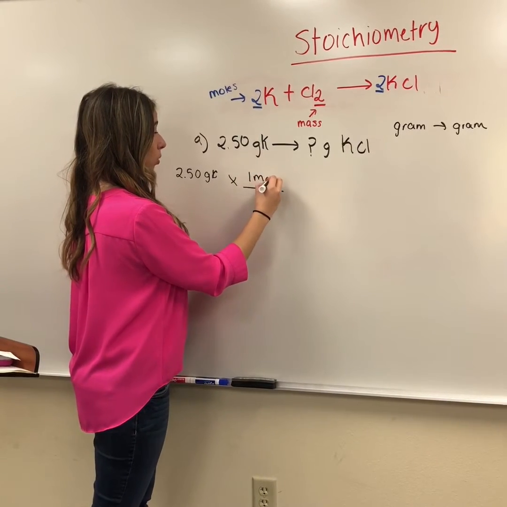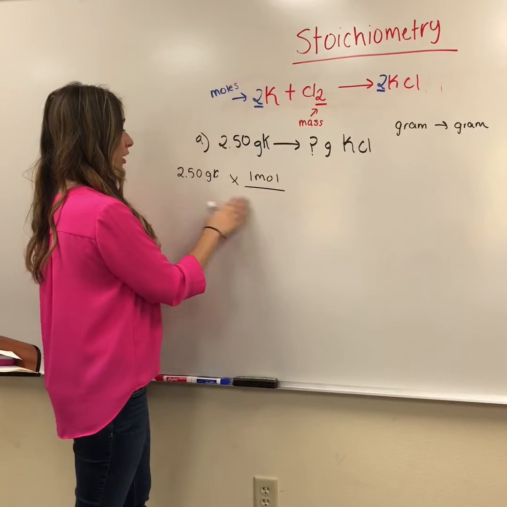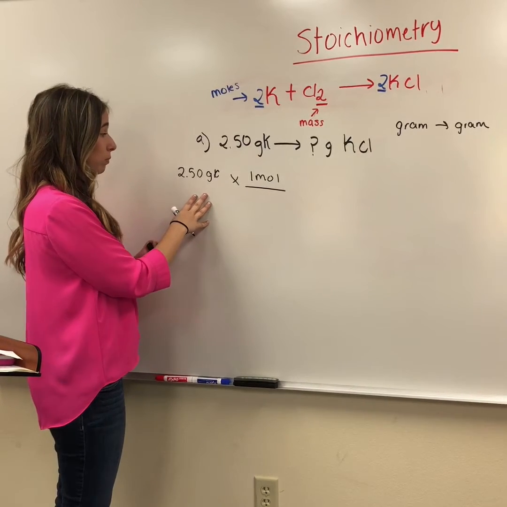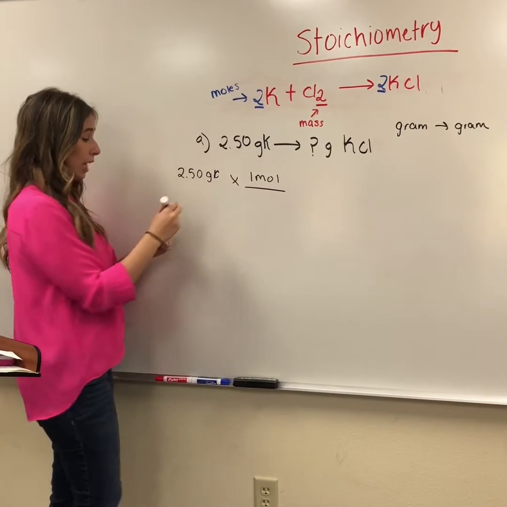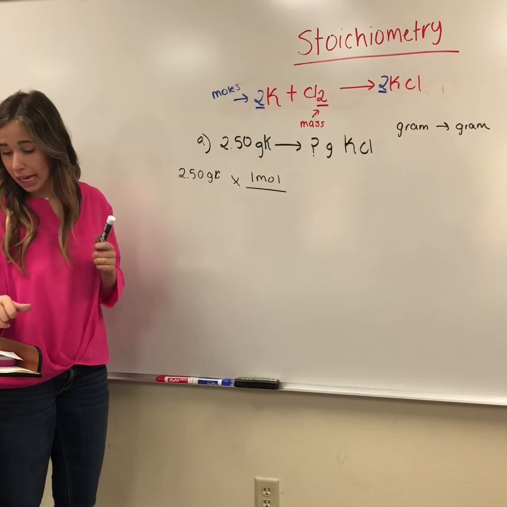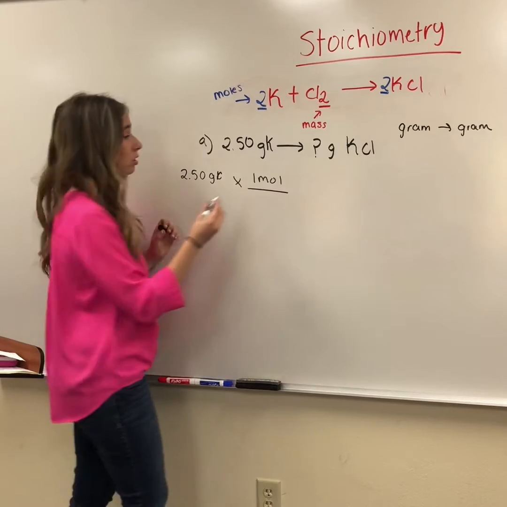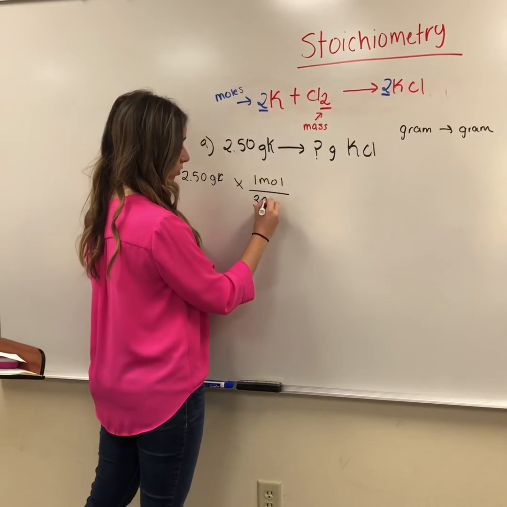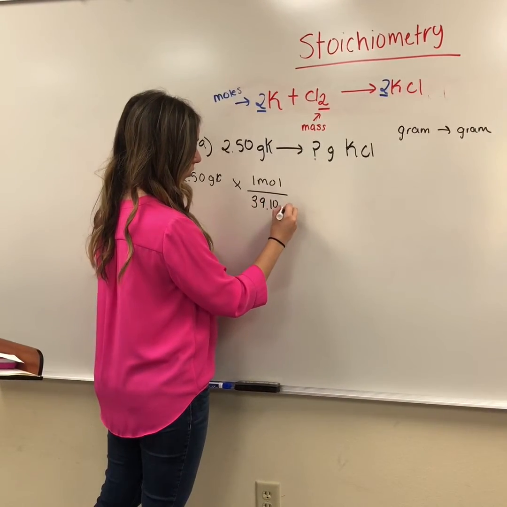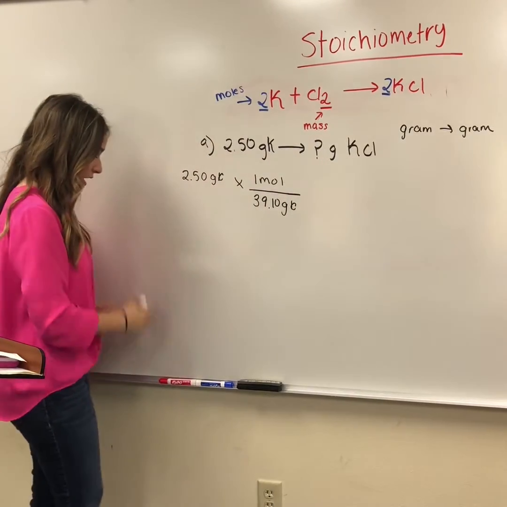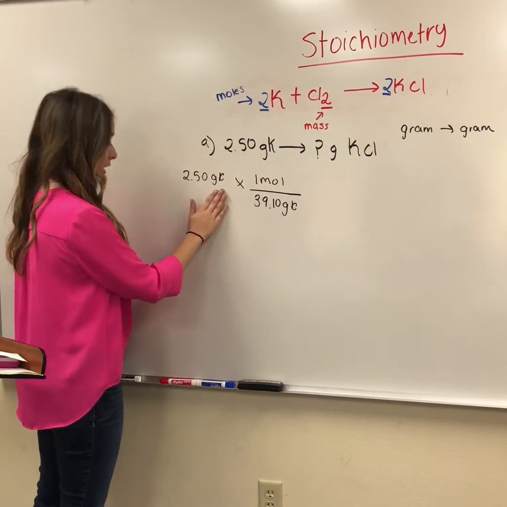Okay, and we have 1 mole for every, now we have to go to the periodic table to see what's the mass of potassium. So potassium has 39.10 grams. Okay, so you see how we needed grams on the bottom to cancel out the grams.